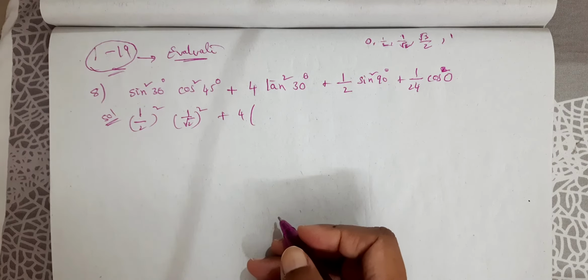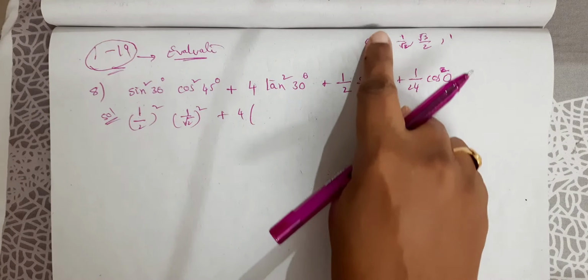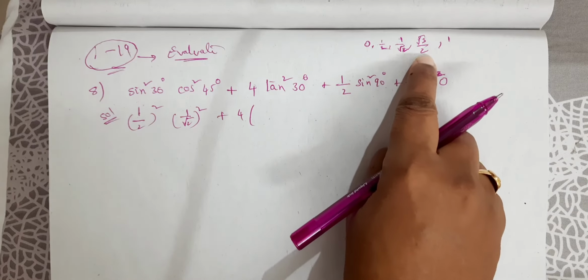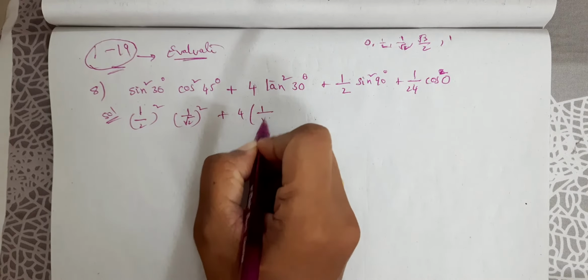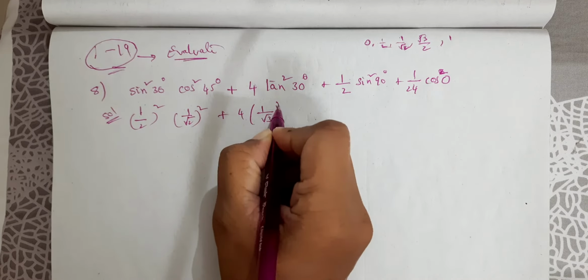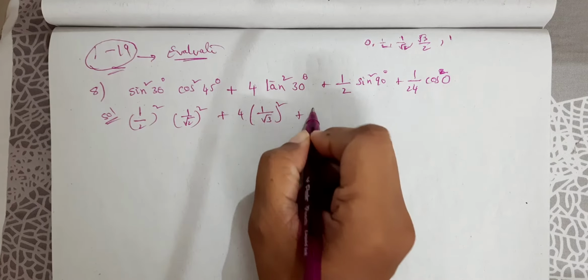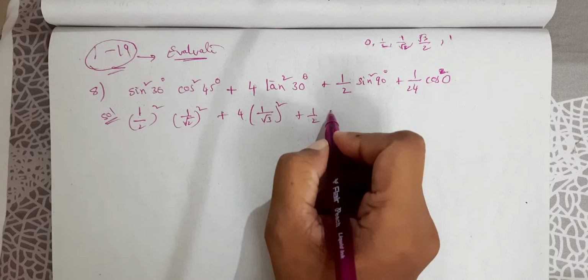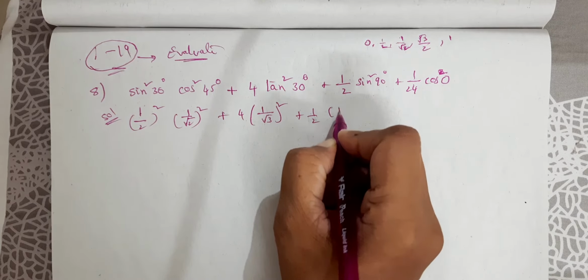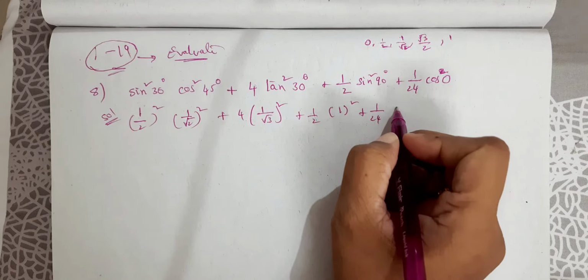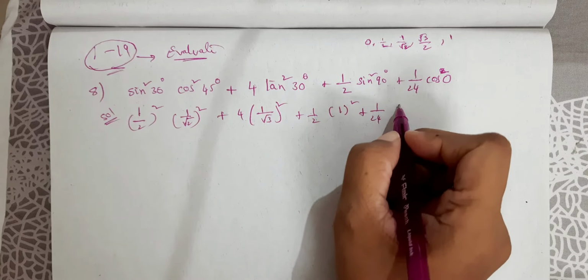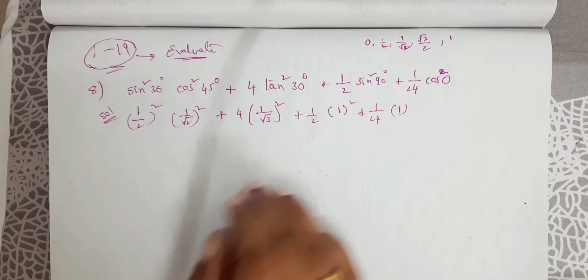So tan 30 means sine 30 by cos 30. Sine 30 is 1 by 2, cos 30 is root 3 by 2. This will get cancelled and so therefore 1 by root 3 whole square, plus half of sine square 90. Sine 90 is 1 whole square, plus 1 by 24 into cos square 0. Cos 0 is 1, so 1.